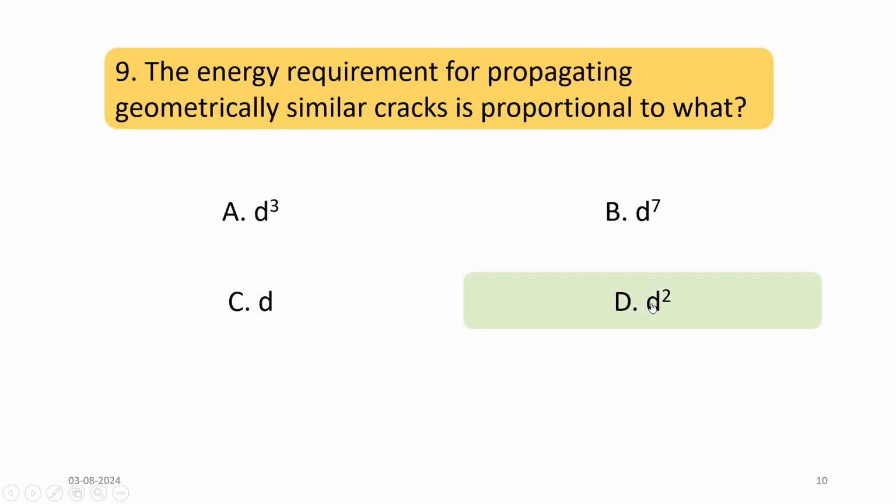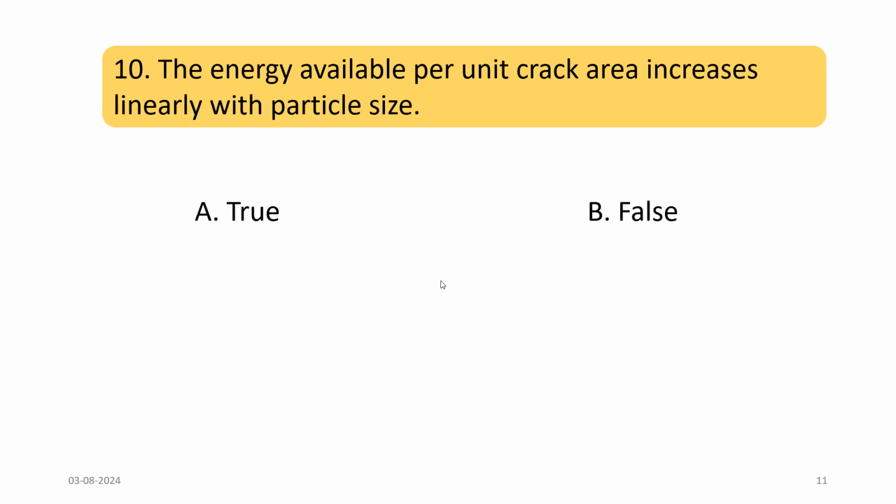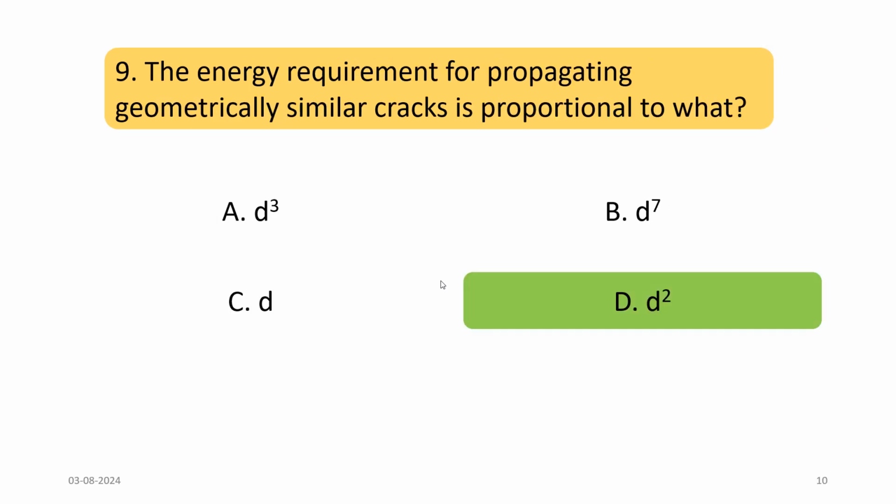Sorry, d square means the surface area of the particle. So the energy requirement for propagating a geometrically similar crack is proportional to its surface area, the particle surface area, and that is d square. Next, d cube is the storing energy.